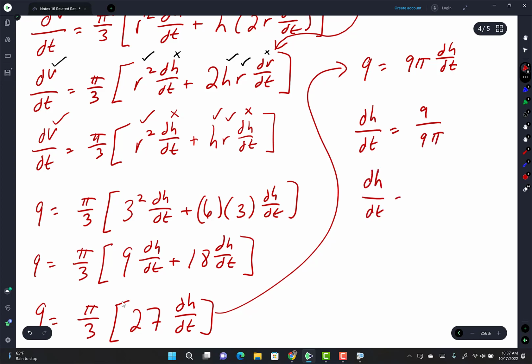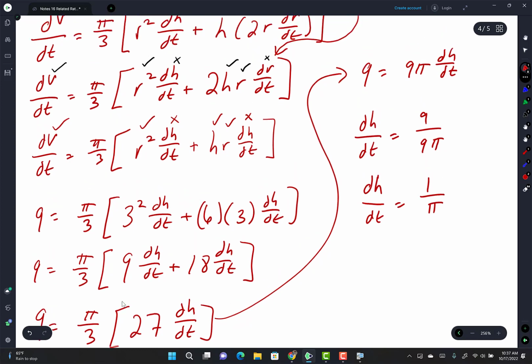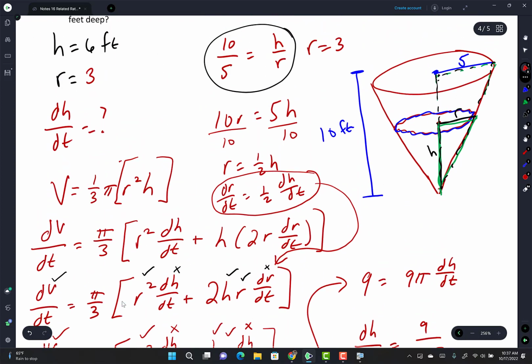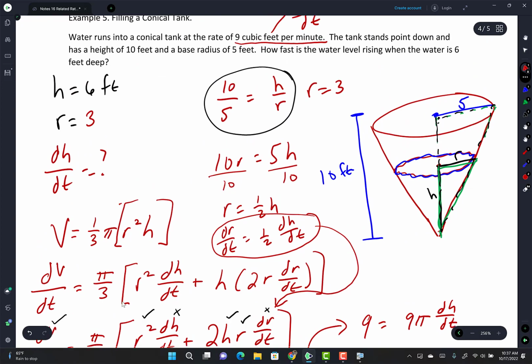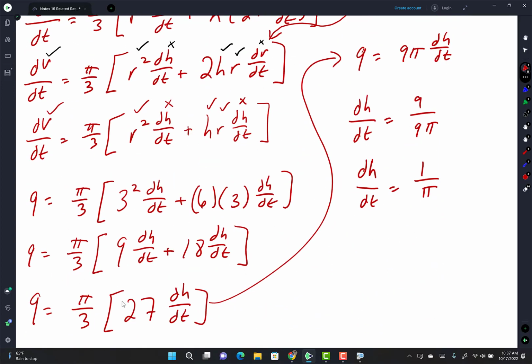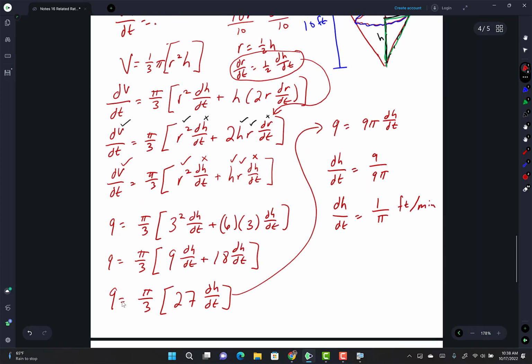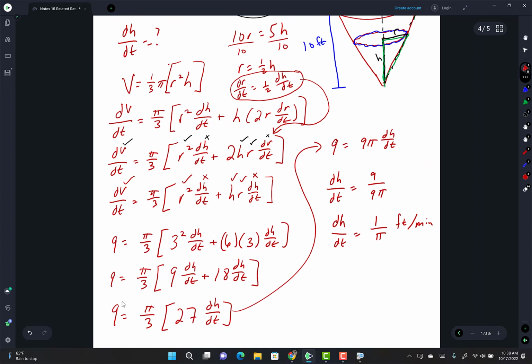So I have 1 over pi, and give me units. Feet per minute. Cubic feet. No, feet. It's the height. Oh, was that hard? A little bit.